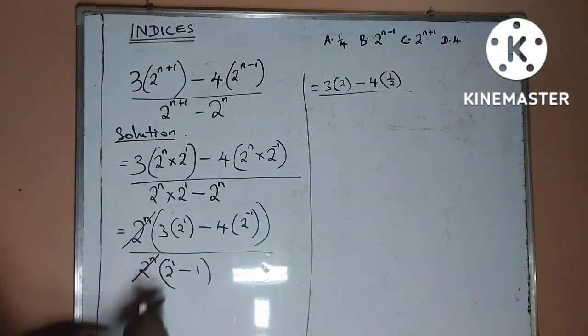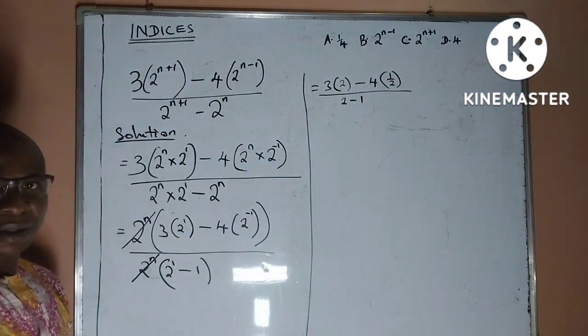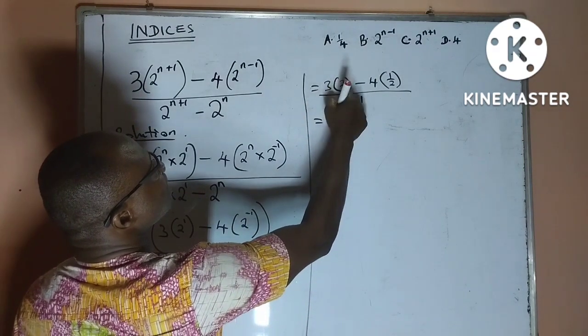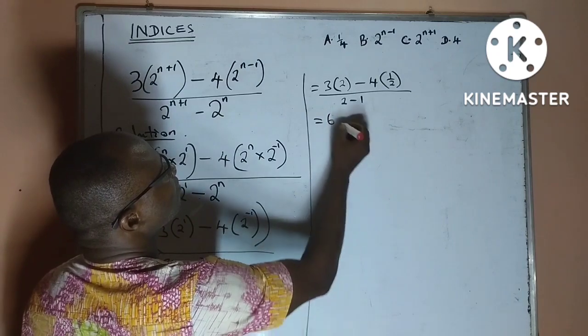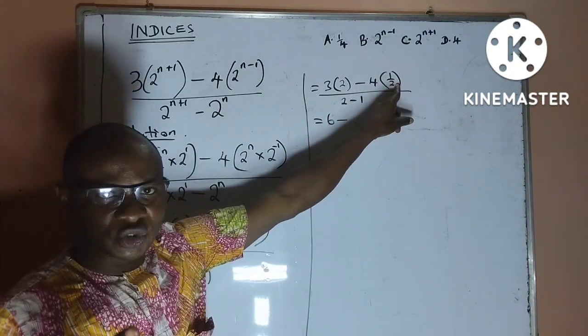Everything all over, 2 raised to the power 1 is 2, minus 1. Okay, it has broken down. So this means 3 times 2 is 6, and minus 4 times half will give us 2.